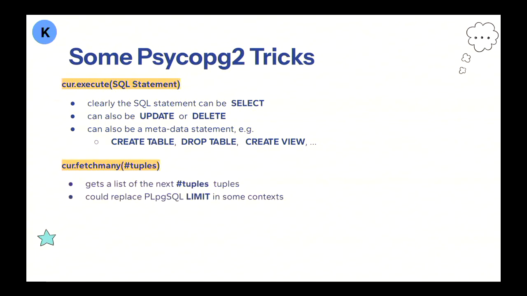And for the usage of fetchmany, it can give us a list of the next number of tuples, and we could use it to replace the limit keyword in Postgres in some contexts.